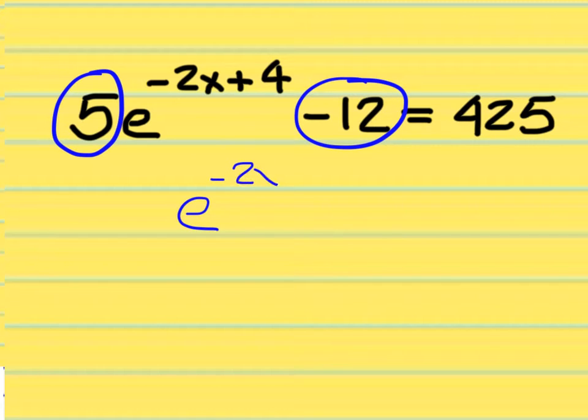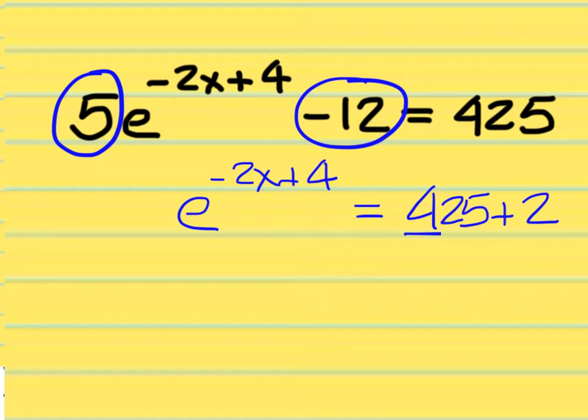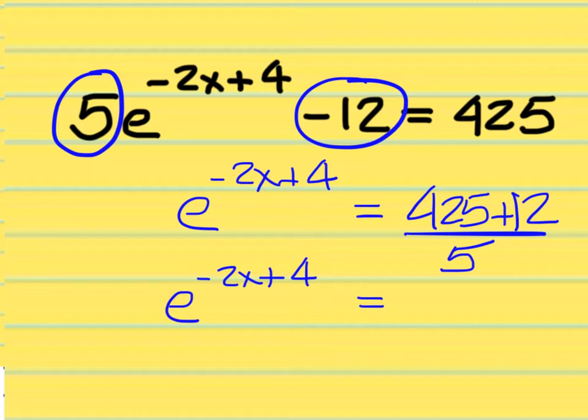E to the negative 2x plus 4 equals 425 plus 12, and then divide by 5. Alright, so let's simplify that and see what we come up with. That would be 437 over 5.